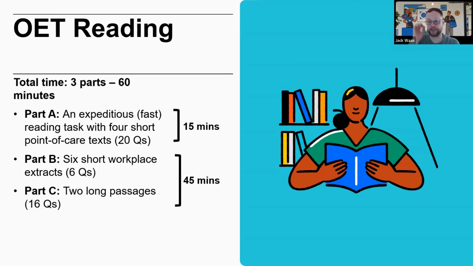Each text has 8 questions. In terms of timing, there's 15 minutes for part A and 45 minutes for parts B and C combined. And those differences in the time, the text and question type really matter when it comes to the reading skill you use in each section.